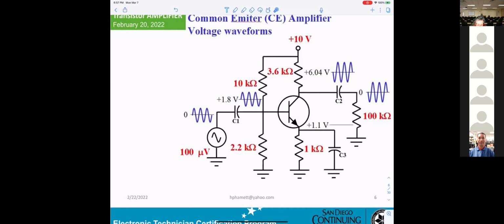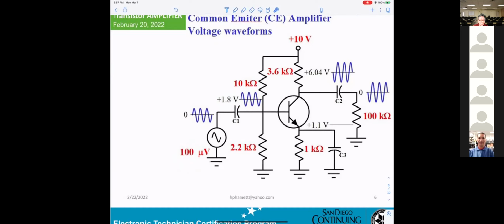The reason is, the input is microvolts. This is 1.8 volt. So it's too big, so you cannot see the small one. The signal is too small.